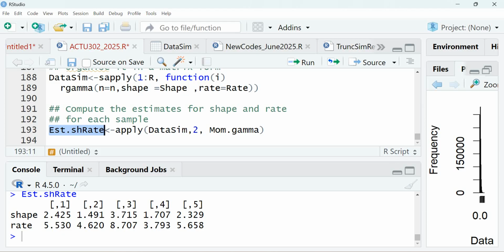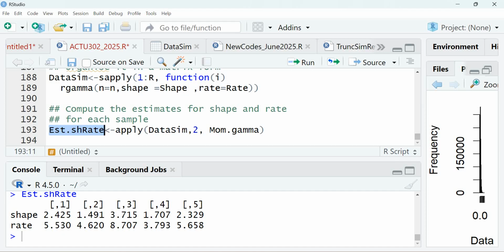Okay, so display your estimates. You see the first one, the shape is 2.4. The next one is 1.49. What am I expecting? I expect it to be 2, right? So if I find the mean of all these and I subtract 2 from it, it gives me the bias.